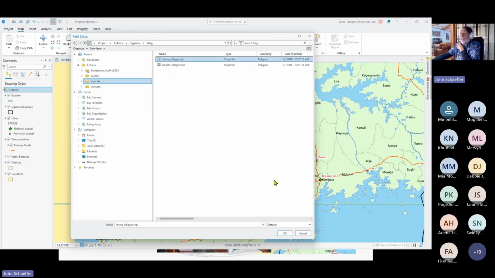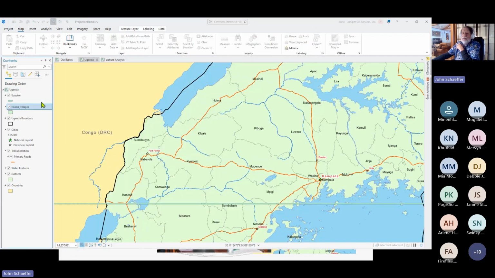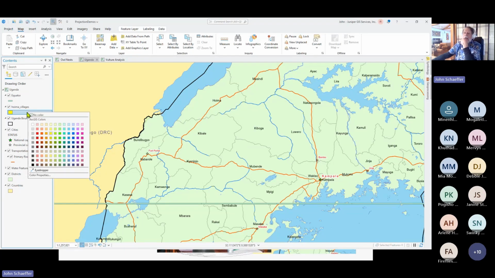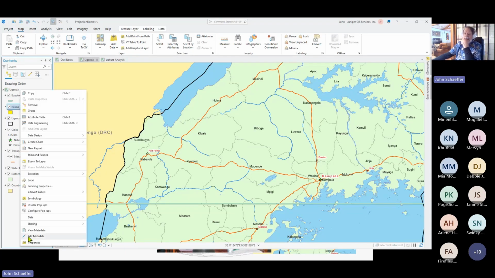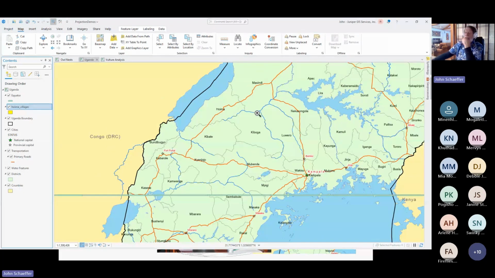I'll select Hoima Villages, say OK. And it shows up. Let's change the color because it's picking up the same base color as everything else. Oh, I don't see it. Right click, zoom to layer. Shifts a little bit, but I don't see it.